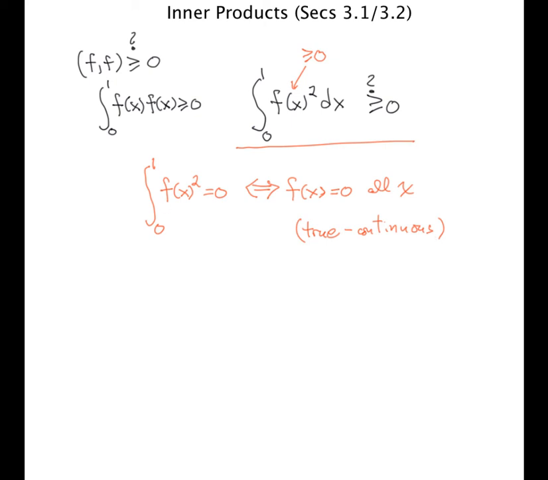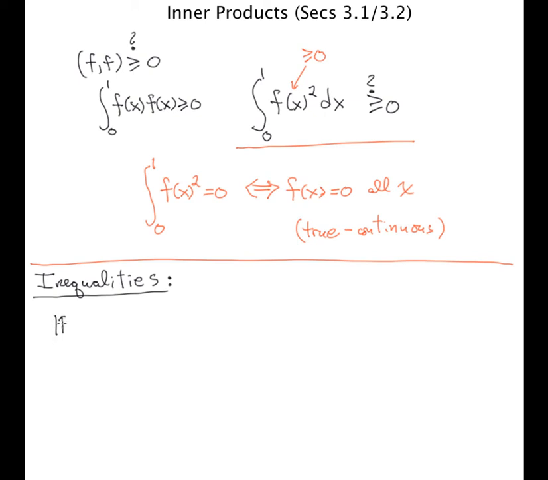Okay, so let's go on now and talk about some other properties that the dot product has. And there's an important type, which is there are various inequalities that inner products satisfy. So let's go back to the dot product in R2 specifically now.